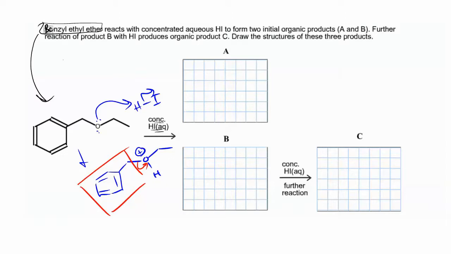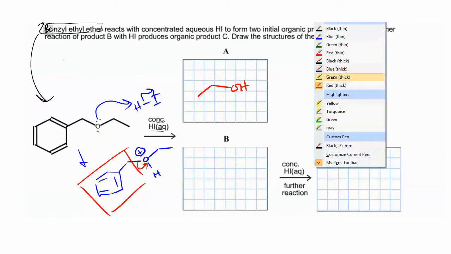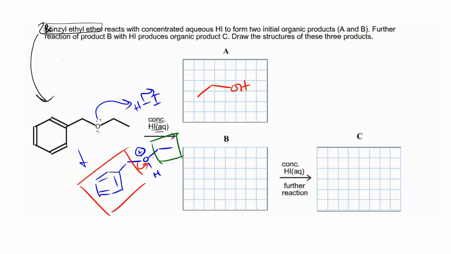So we would just use this part here, we would have this OH. Now, if we were looking at this one over here, and supposing that it was leaving this way, then this alcohol here would be formed.